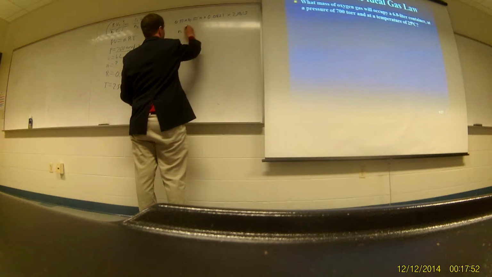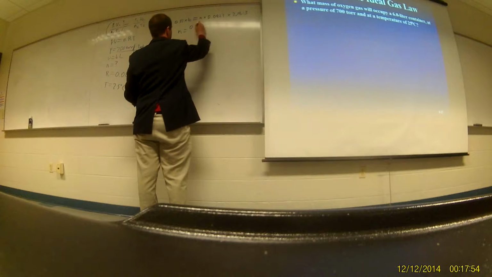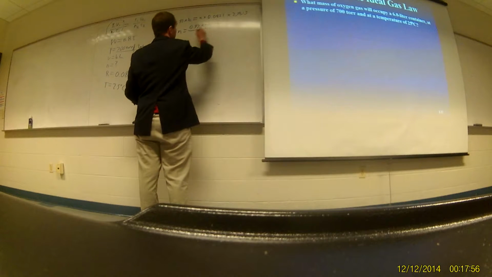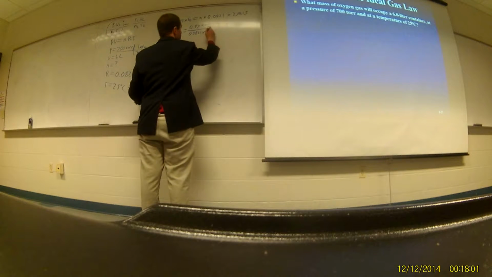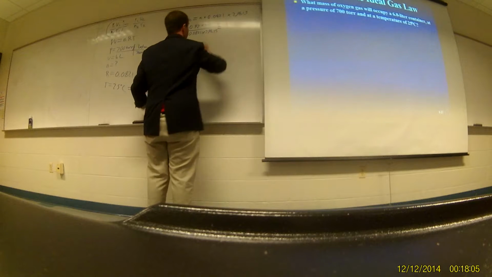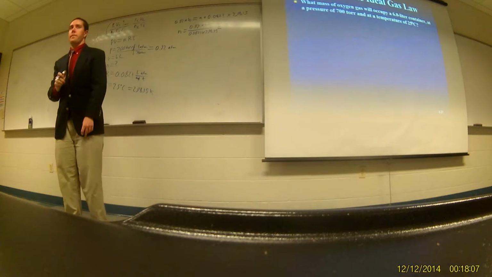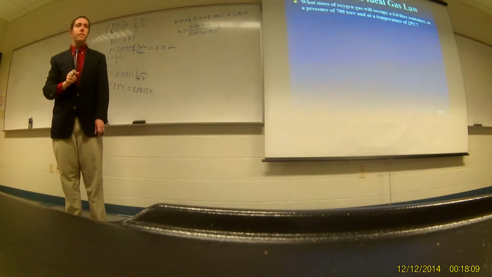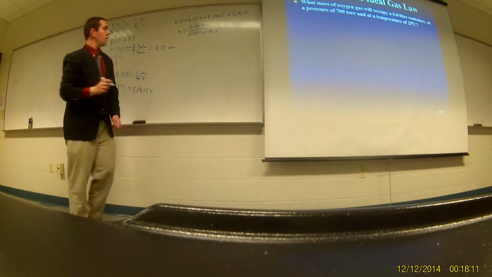So n equals 0.92 times 6 divided by 0.0821 times 298.15, equals what? 0.2258 moles.